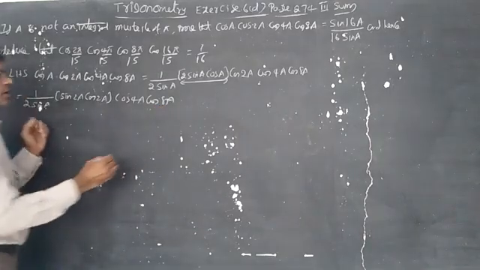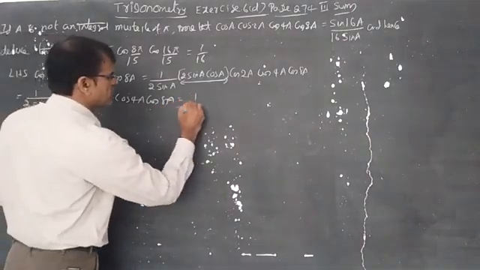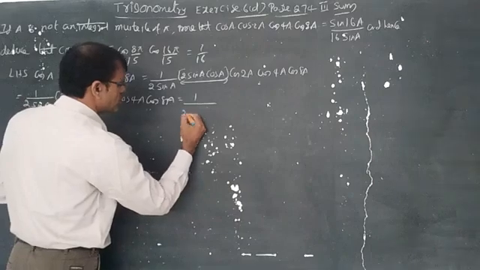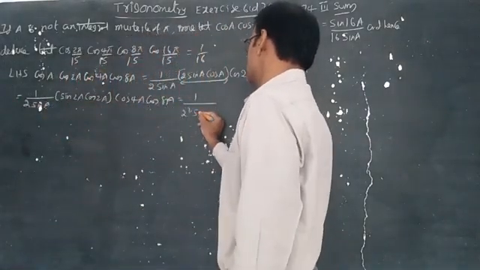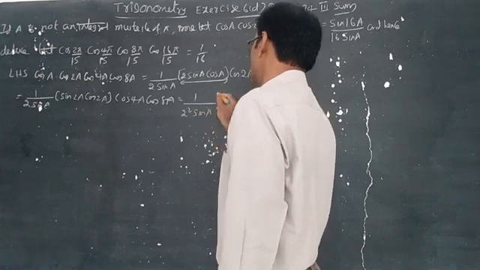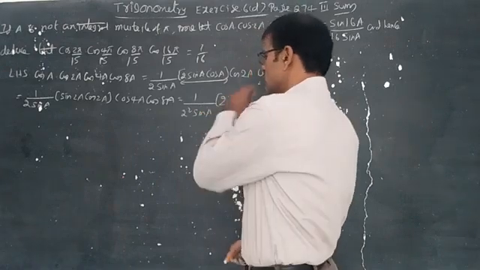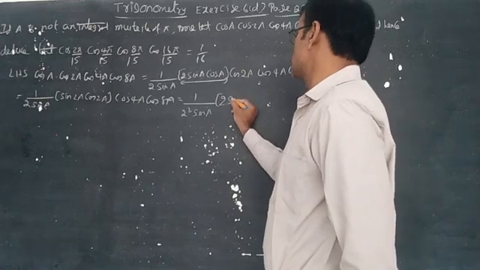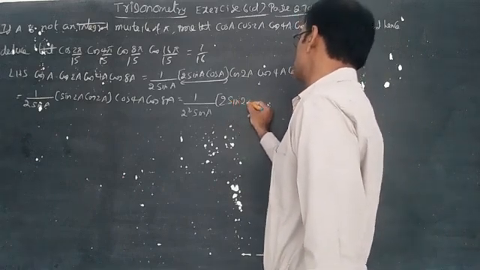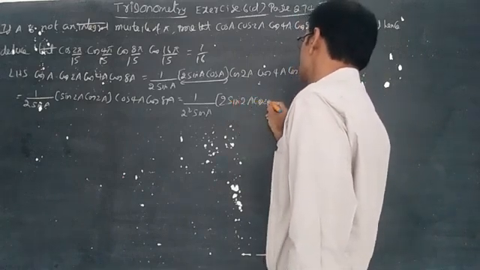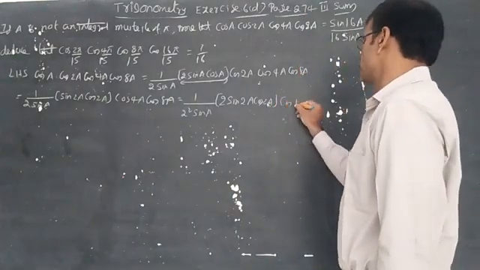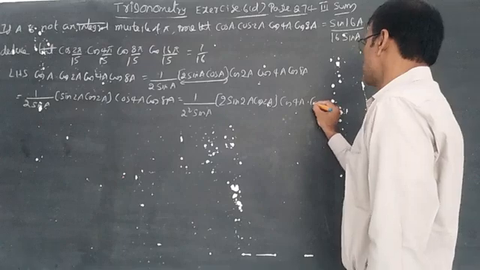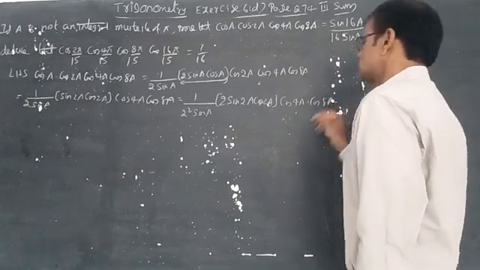That is equal to, again we can multiply and divide here, 1 by 2 square. So with another 2 we are multiplying, sin A, there is no change in the denominator. Here multiplying and dividing with 2, so it becomes 2 sin 2A cos 2A into cos 4A into cos 8A.